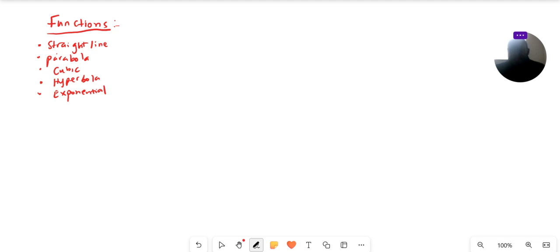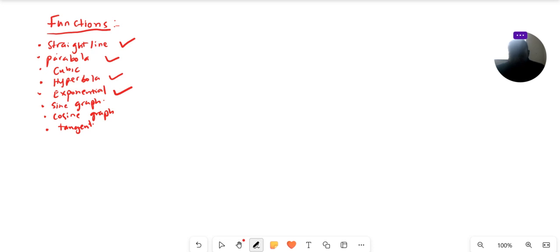And obviously we have another one, the sine graph. We have the cosine graph. We have the tangent as well, the tangent graph. But purposely we are going to look at graphs like the straight line graph, the hyperbola, the exponential graph, and the parabola.